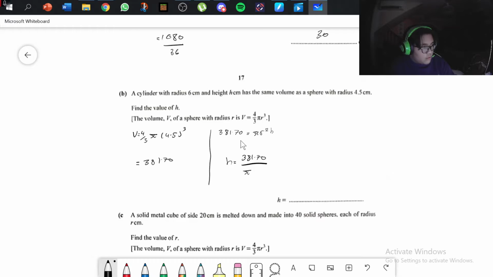The radius is 6 cm, so times 6 squared. h will equal 3.375.